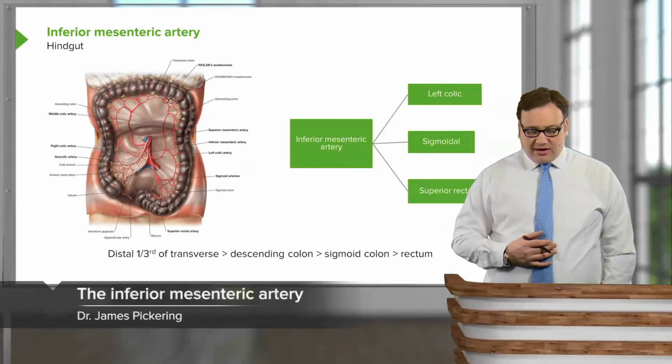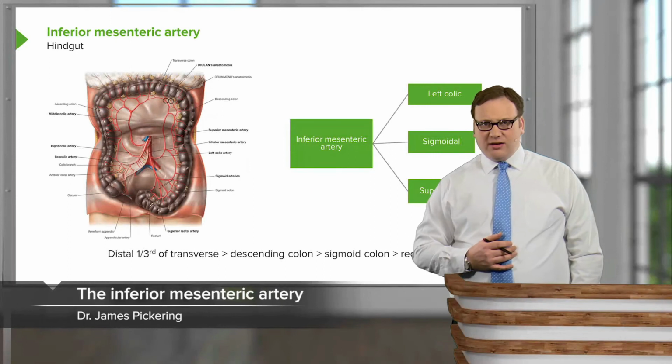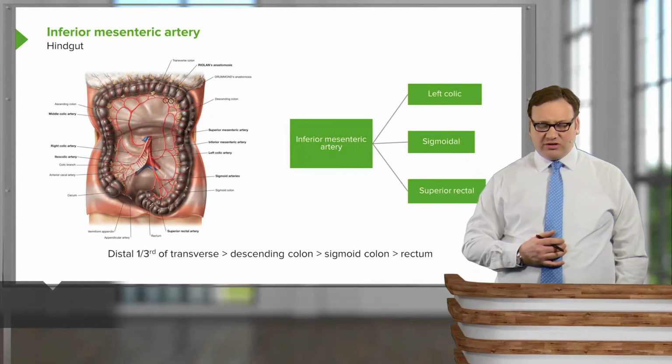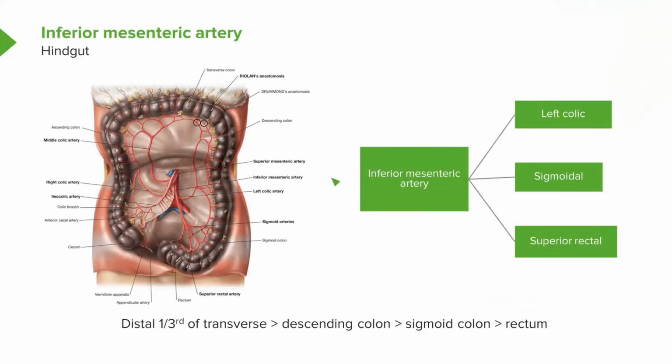The inferior mesenteric artery is the third unpaired visceral branch coming off the aorta. It comes away at about L3, and it supplies the distal third of the transverse colon, the descending colon, the sigmoid colon, and parts of the rectum.